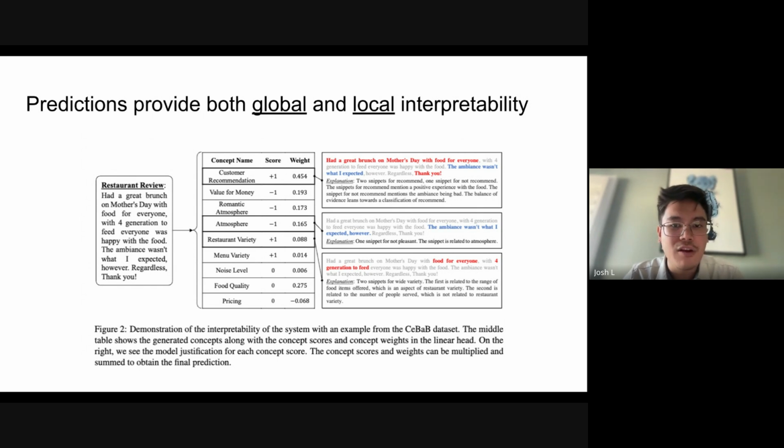And on the second level, you also have local interpretability, and this mostly comes from how you set up the measurement module as I've described before.